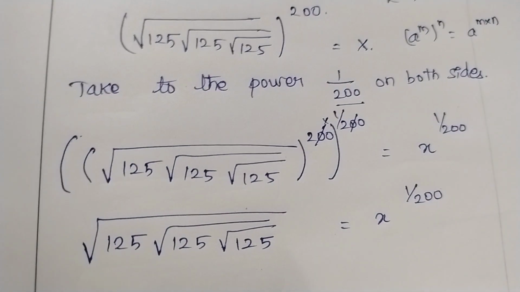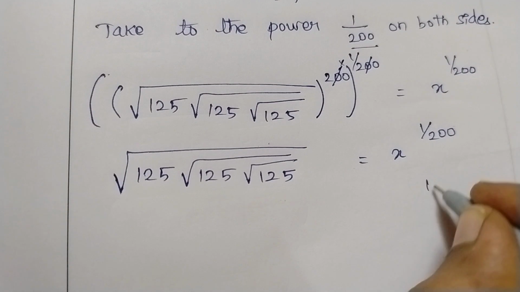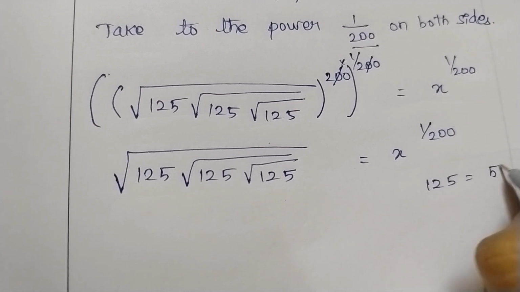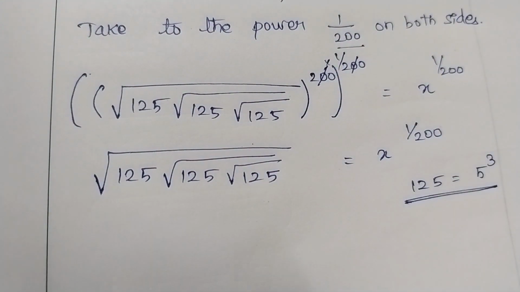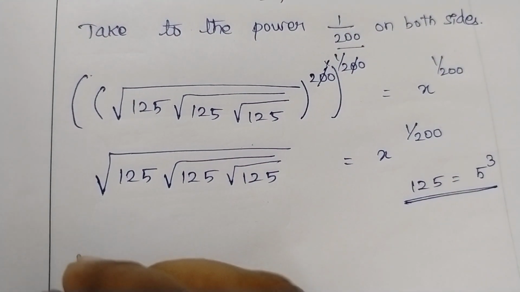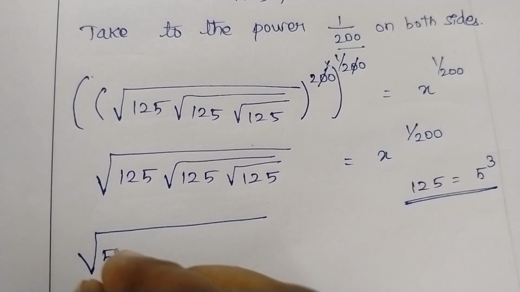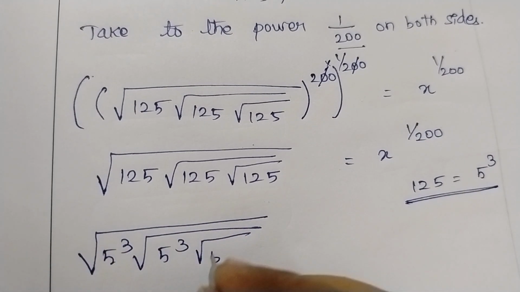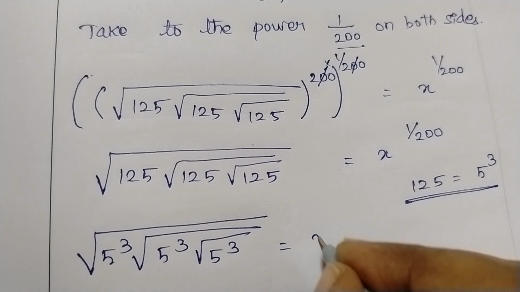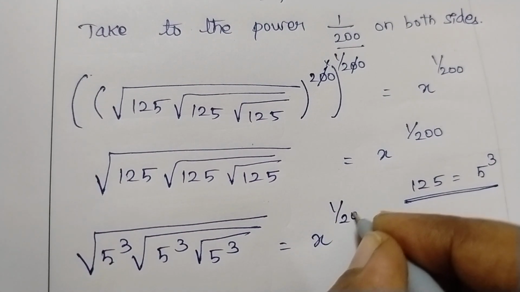Okay. Now we know that 125 is equal to 5 cube. So just substitute this value in the place of 125. Therefore this becomes the root of 5 cube, the root of 5 cube, the root of 5 cube, which is equal to x power 1 by 200.